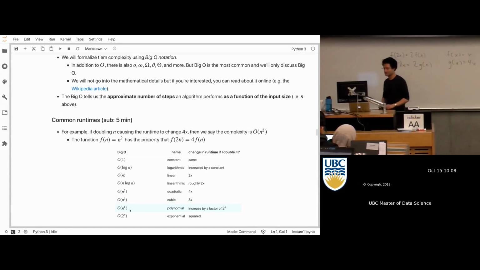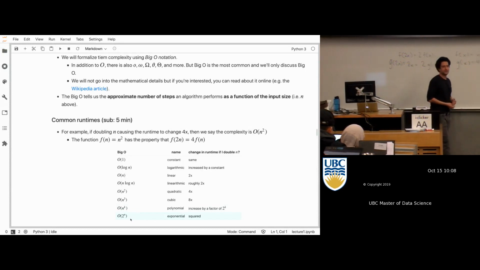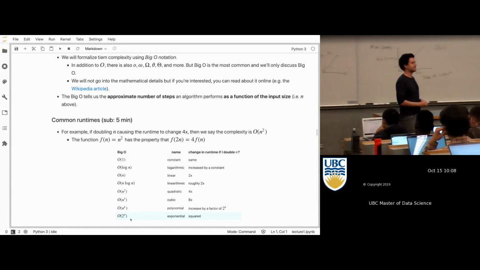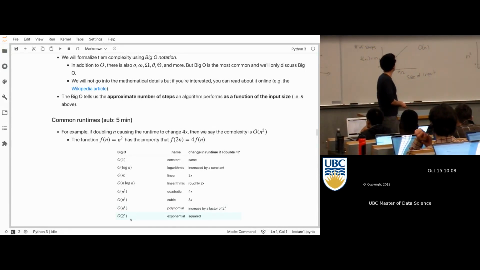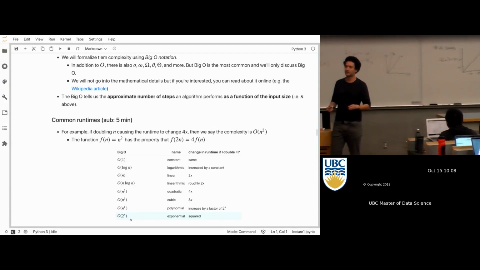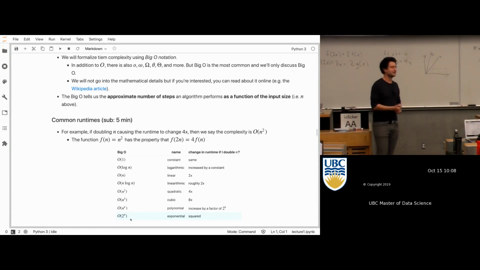And I could have exponential, O of 2 to the n, which is the most horrendous running time, which says that if I double the size of the input, the runtime actually gets squared, which isn't that helpful of a way to think about it.